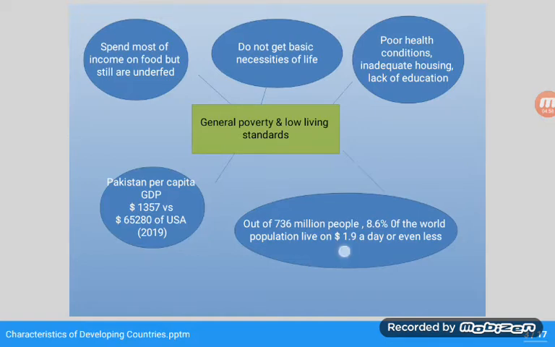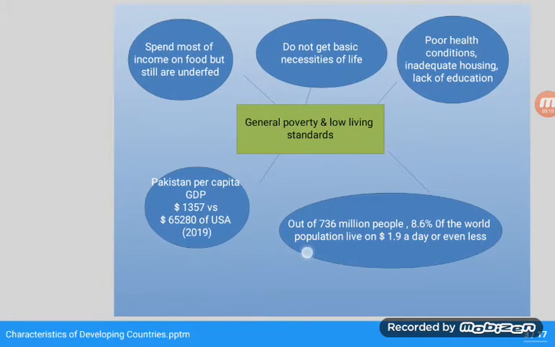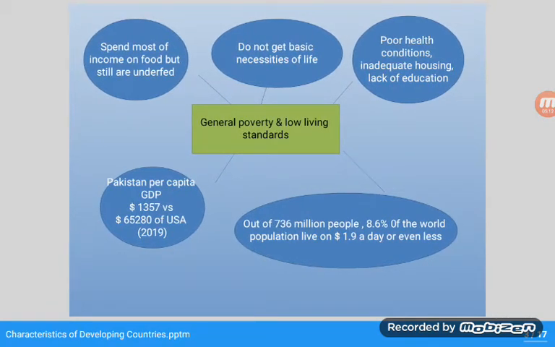Now over here I have given you some figures related to the world. Out of the world population, 736 million people, which is 8.6%, live on $1.9 a day or even less.